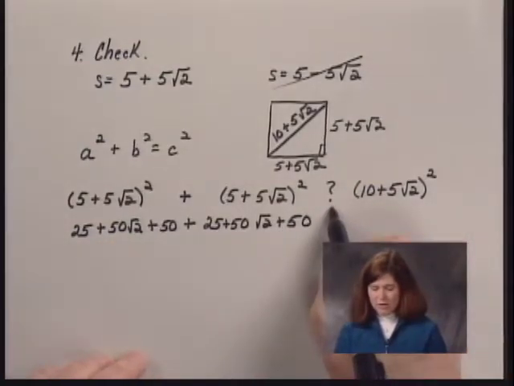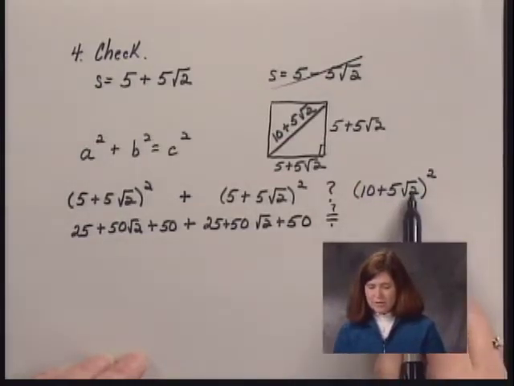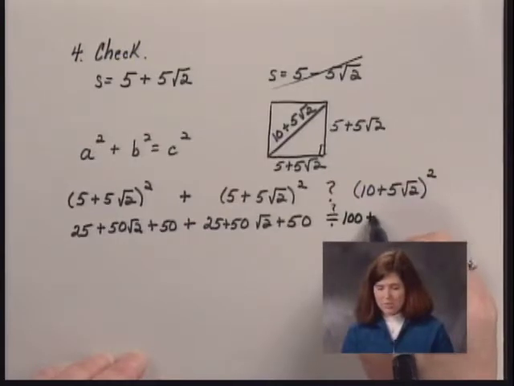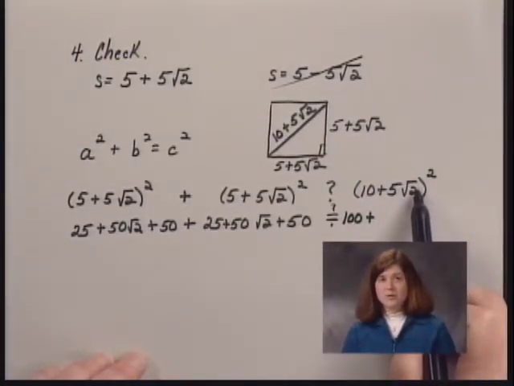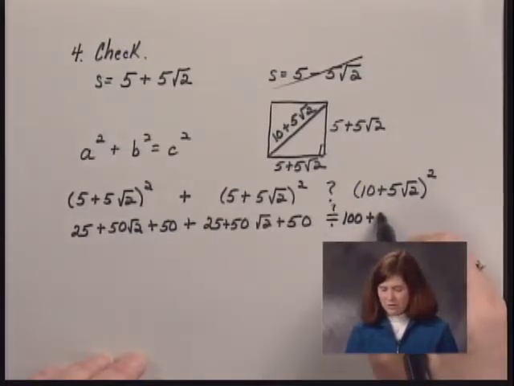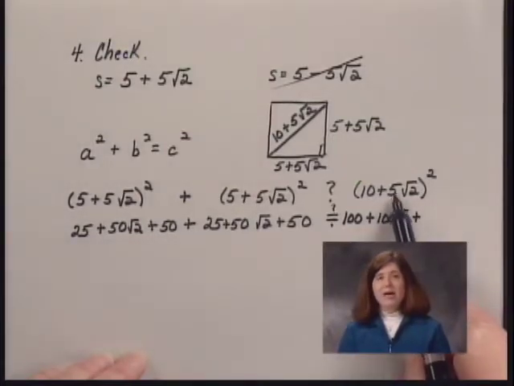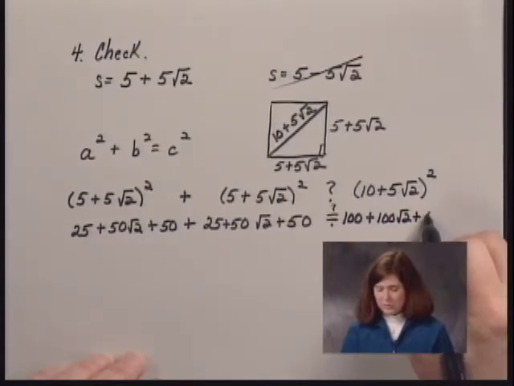And I want to know if that equals this. Squaring this, I have 10 squared, which is 100, plus 2 times 10 times 5 times the square root of 2. 2 times 10 is 20. 20 times 5 is 100. So I have 100 square root of 2 plus 5 times the square root of 2 squared, which again is 25 times 2, or 50.